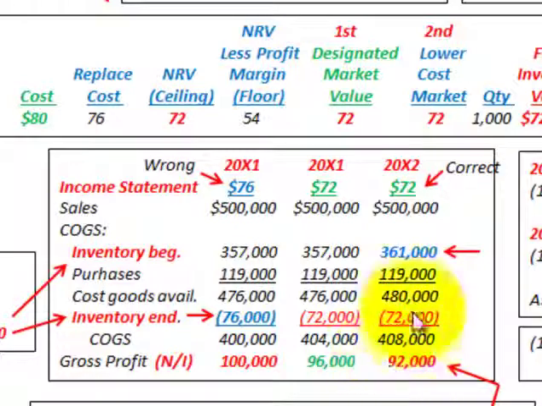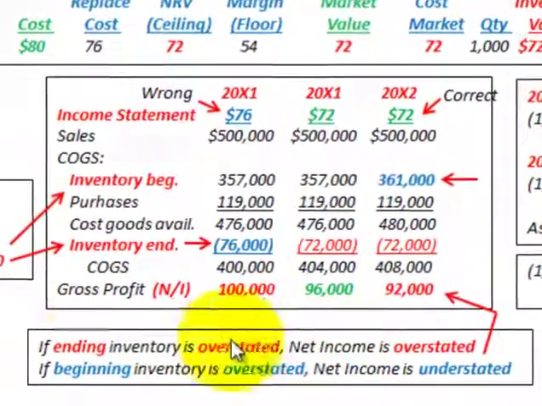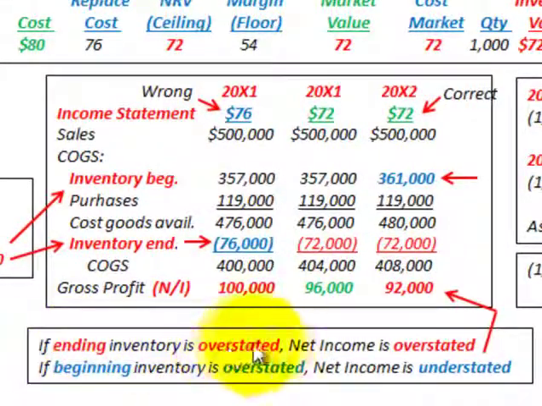So by overstating our beginning inventory for 20x2, we're understating our net income or gross profit. Let's look at what we've done. If our ending inventory is overstated, which it was, net income is overstated. You can see our ending inventory was overstated, and our net income or gross profit was overstated, comparing $96,000, the correct amount, to $100,000, the overstated amount.